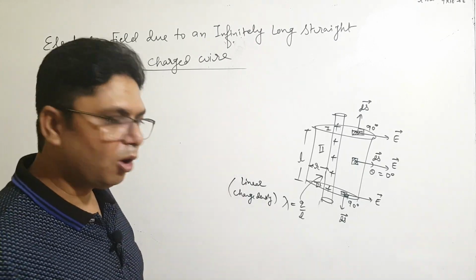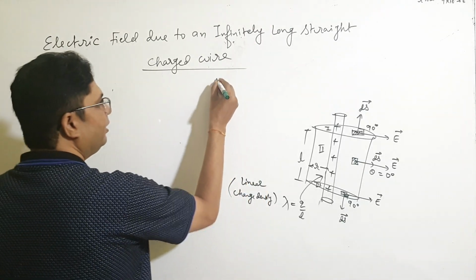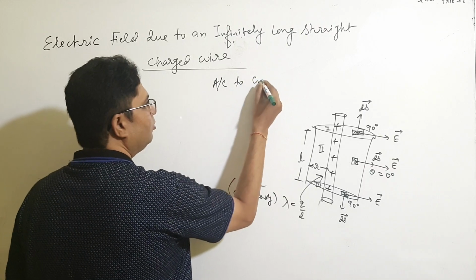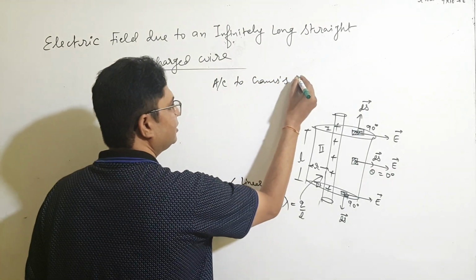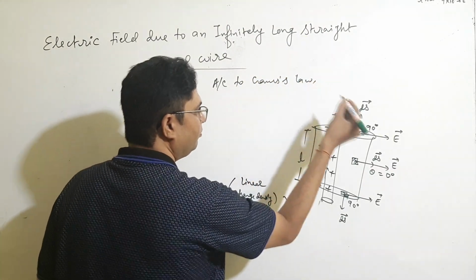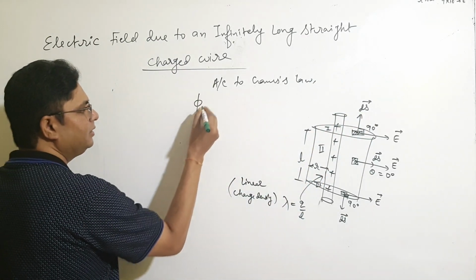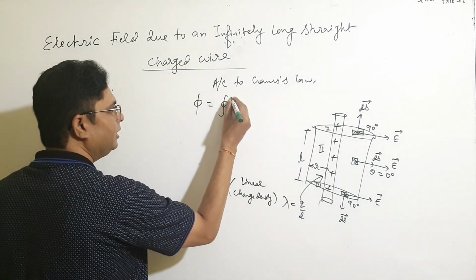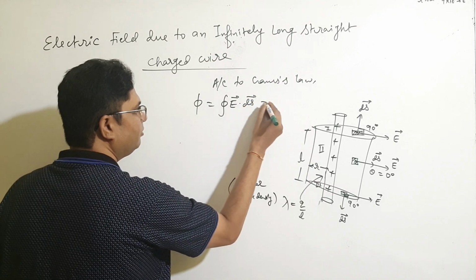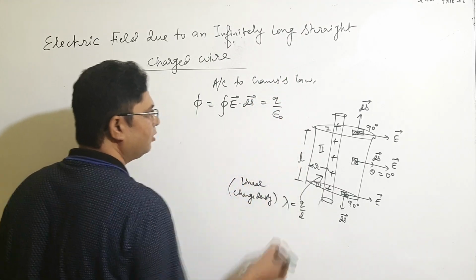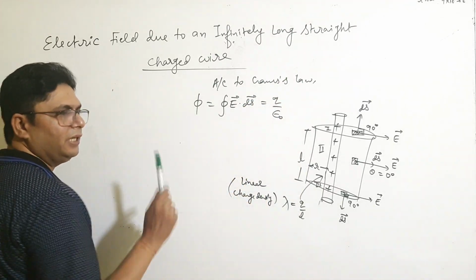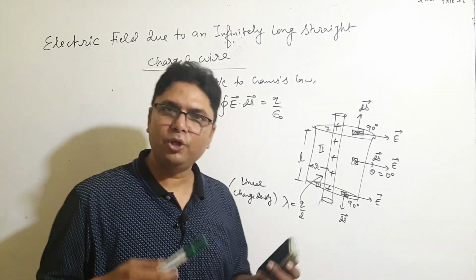So now we use the Gauss law. According to Gauss's law or theorem, you have phi is equal to closed integration E dot ds, which is equal to Q upon epsilon naught. Now this closed integration can be opened into three parts.